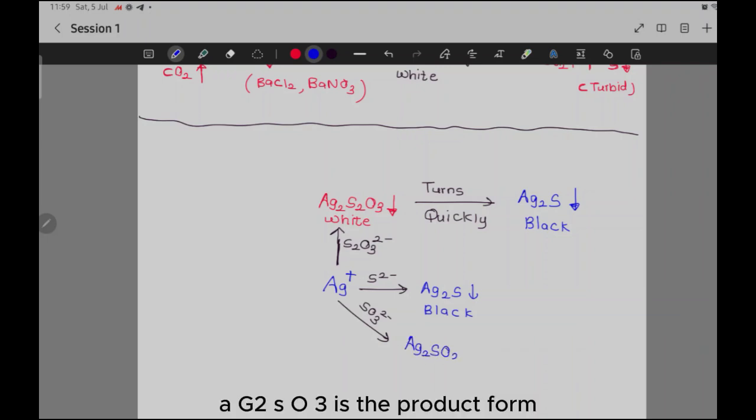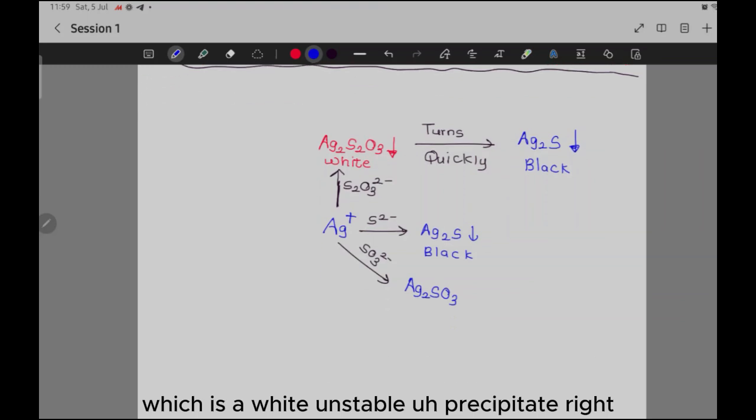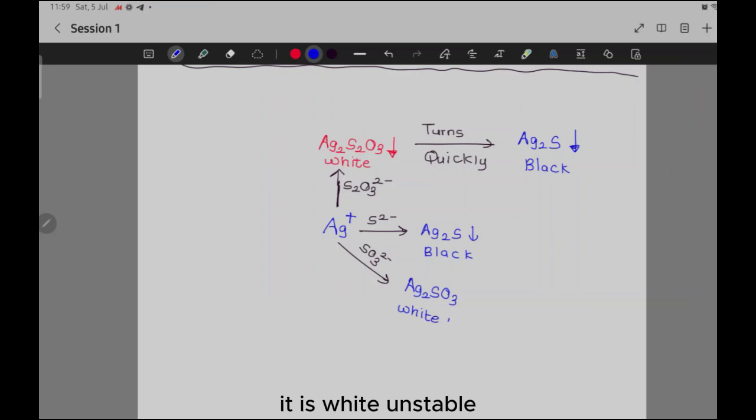Ag2SO3 is the product formed, which is a white unstable precipitate, right? This is white unstable.